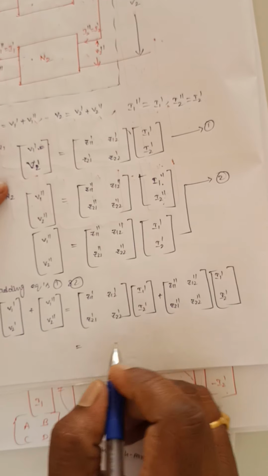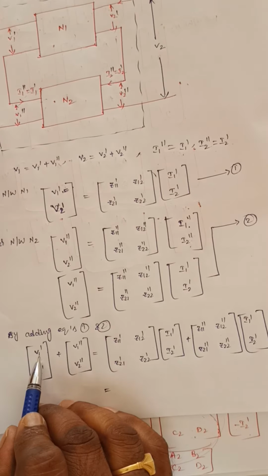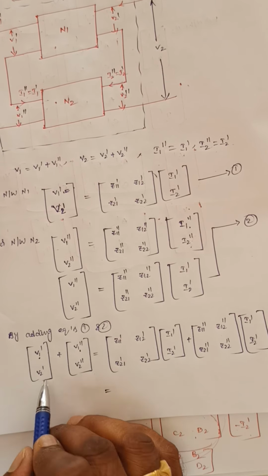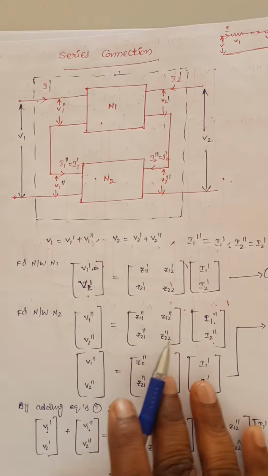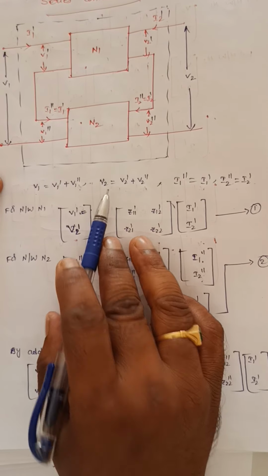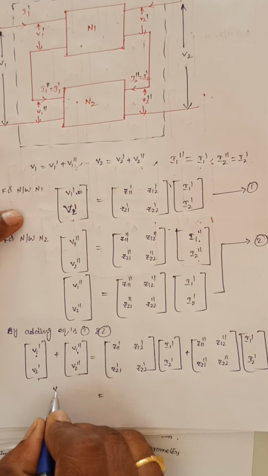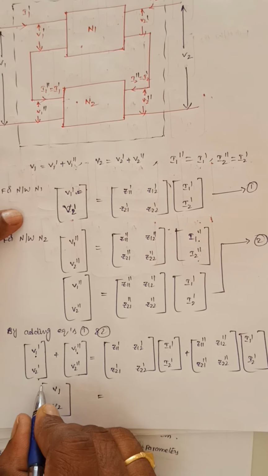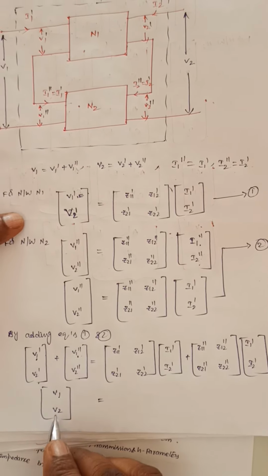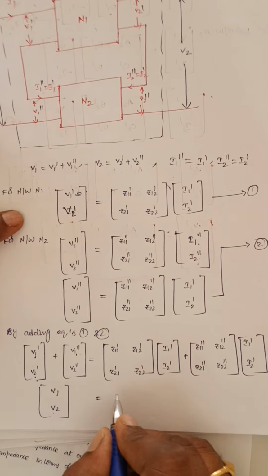Now you see it is V1 dash plus V1 double dash, V2 dash plus V2 double dash. V1 dash plus V1 double dash is equal to V1, and V2 dash plus V2 double dash is equal to V2. I am just writing here V1 and V2, because V1 is equal to V1 dash plus V1 double dash, and V2 is equal to V2 dash plus V2 double dash.